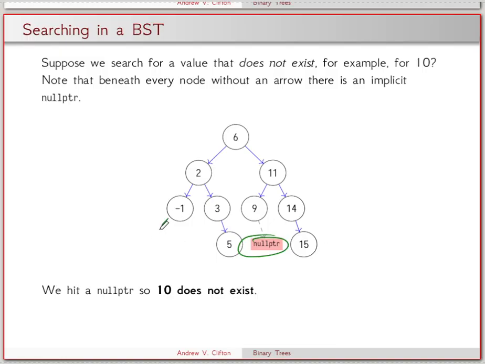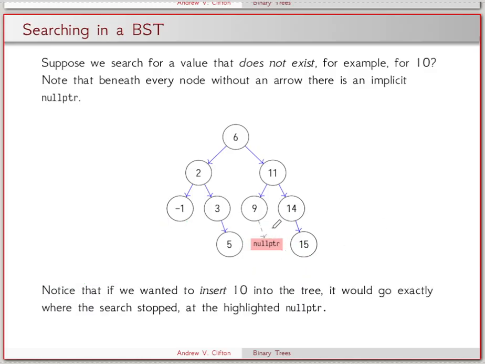All of these nodes that don't have anything below them have null pointers on their left and right hand side. I don't want to draw all the null pointers in, but that's what's down there underneath them. So if we hit a null pointer, that means the thing that you're looking for does not exist. If it existed, it would be somewhere down here, but there's nothing down here.